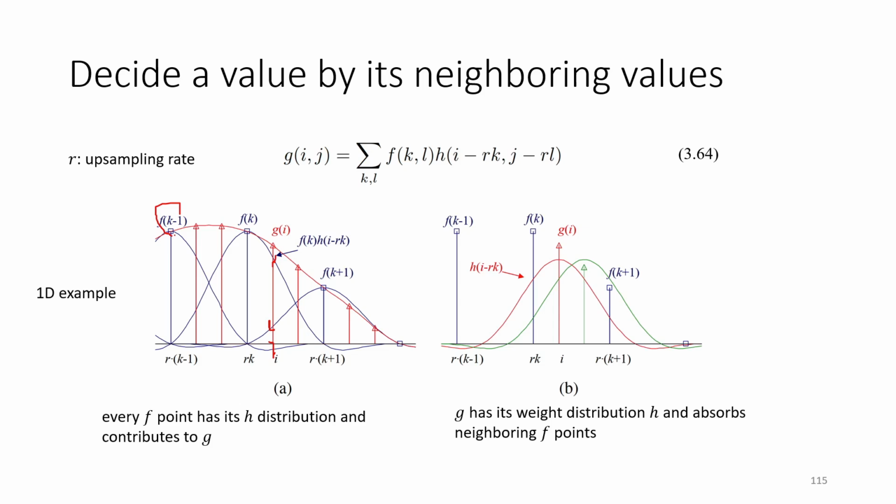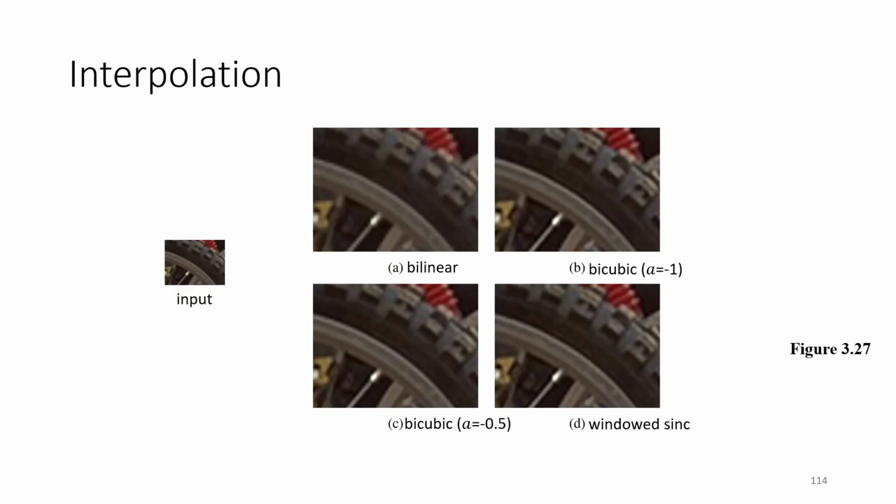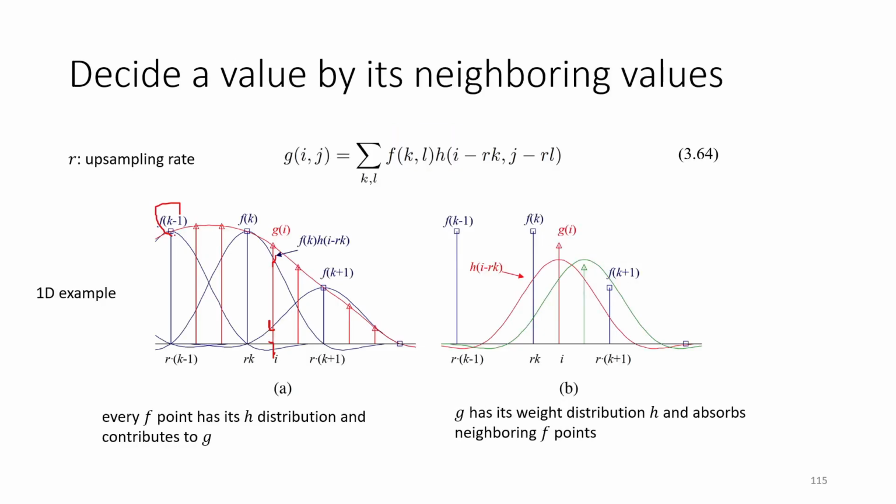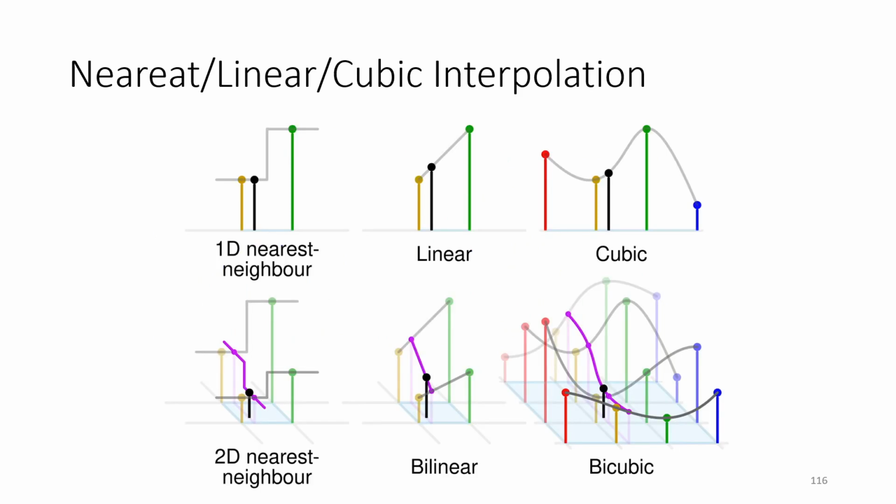It just moves from one pixel to another pixel and sums up with different F values and contributions. So this is the example shown in our textbook.